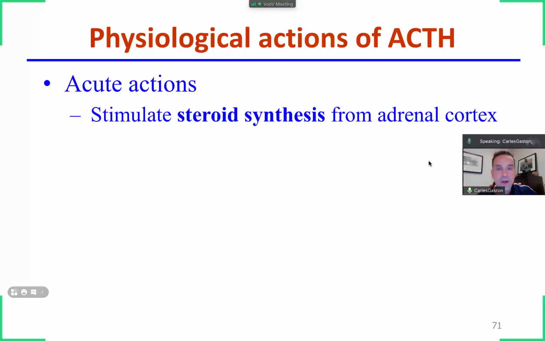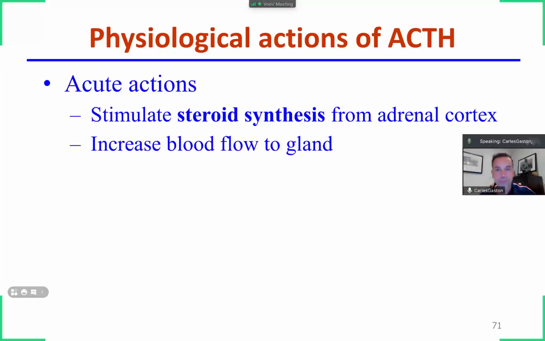Remember, guys, what does it mean, steroid? Steroid hormone comes from cholesterol, so it's a lipid. And remember, lipids do not have a receptor in the cell membrane. They go through the membrane. It increases the blood flow to the adrenal gland.